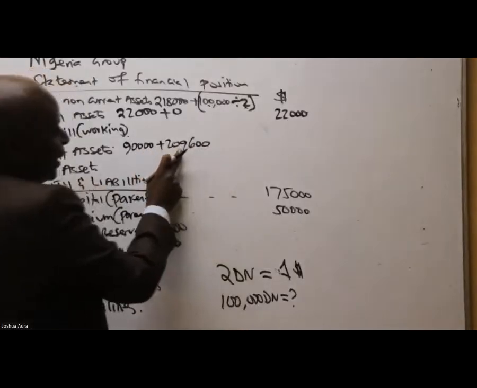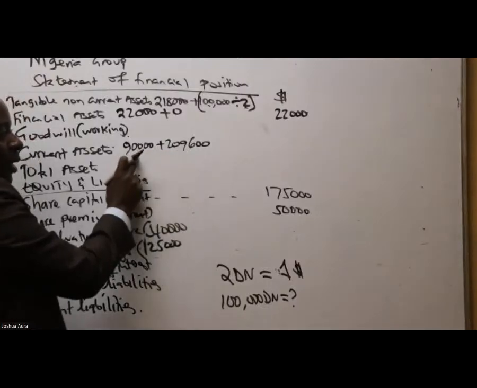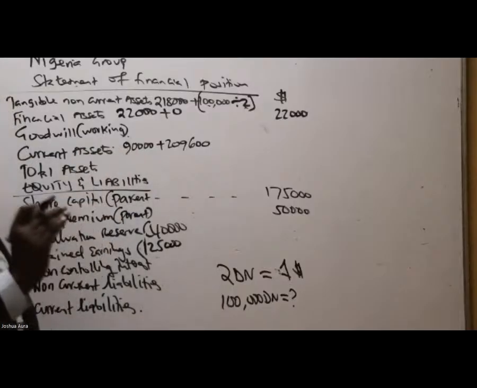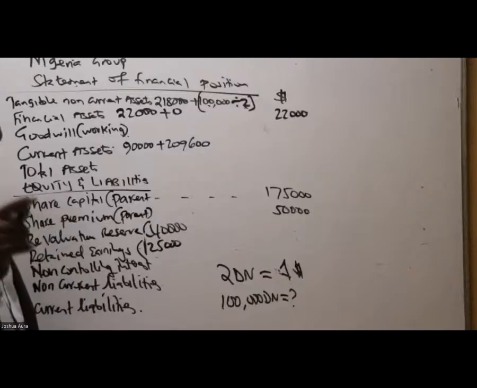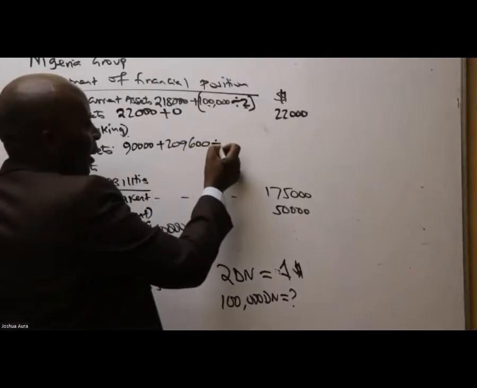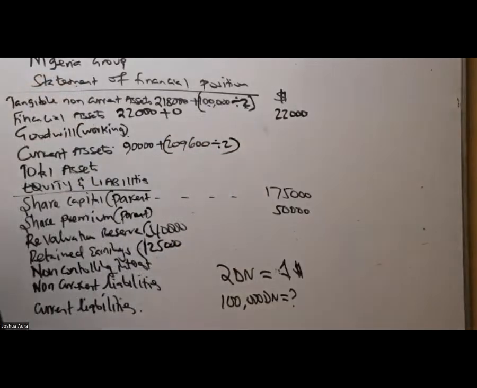But remember, these are DNs. We still need to retranslate them to the dollar. Remember, we said when we started that all assets and liabilities will be retranslated at the closing rate. So here, divide this again. Once you start dividing, be consistent and divide all the way down; there is nothing else.